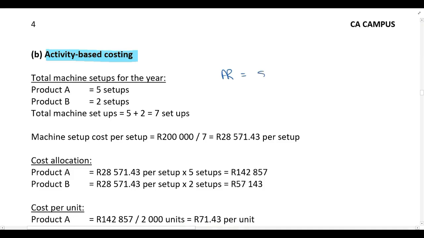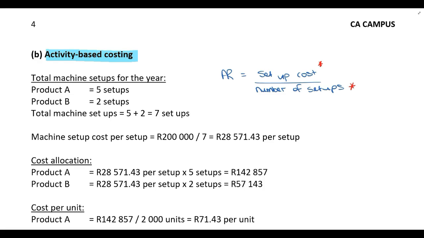We are going to take the setup cost and divide by the number of setups. So first thing is we don't just look at the total cost for the whole year, we actually look at what the cost is made up of. We analyze it in detail and we pick a cost driver where there's a cause and effect relationship, not just a random cost driver like machine hours in part A of the question.